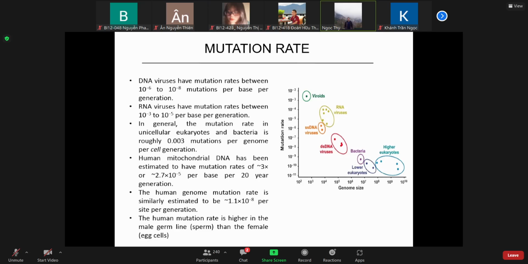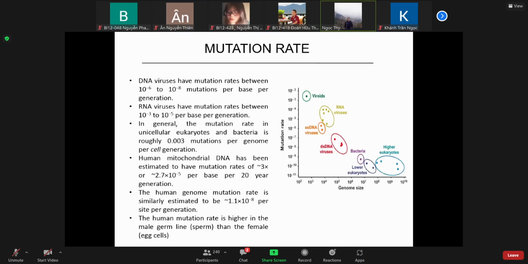According to a report in Scientific Reports, a DNA virus, that means a virus with DNA as its genetic material, has a mutation rate from about 10 to the power of minus 6 to 10 to the power of minus 8. That means in 1 million to 100 million base pairs, it will cause one mutation.